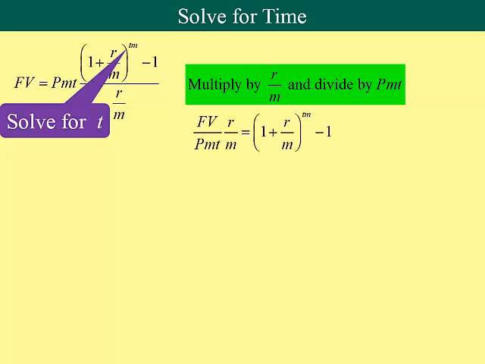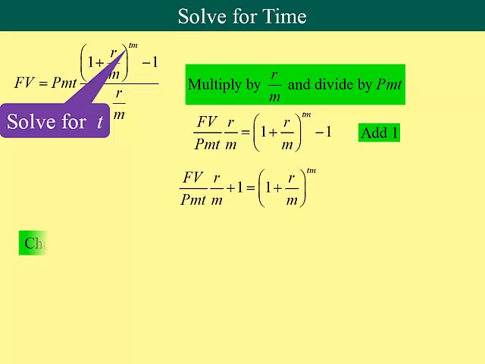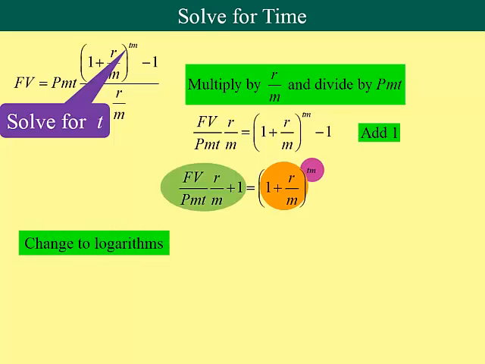This is what we would have. We'll add 1 to both sides and change this to logarithms. The base in orange is 1 plus R over M, the exponent is T over M, and all this other stuff is the other stuff. And so here's the way we would change it.